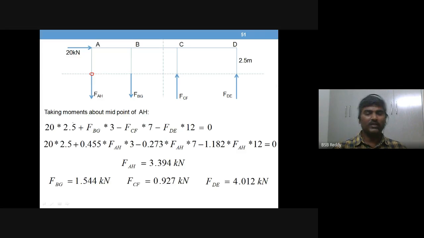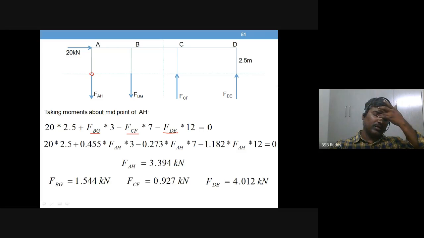That you have to take. So choose the same column you selected for relating the other three, and then take moments. That will give you an equation in terms of the other three axial loads.